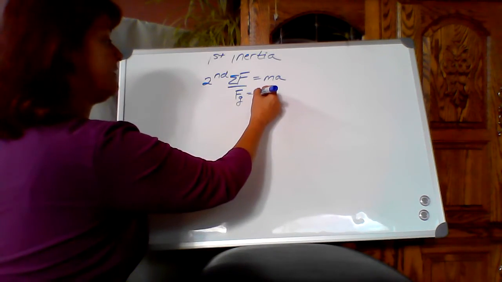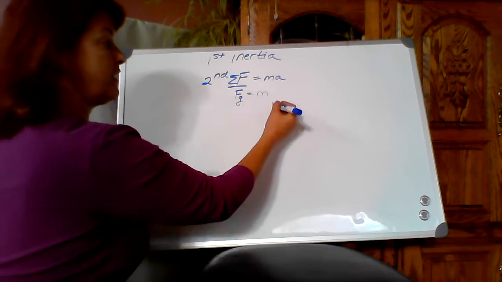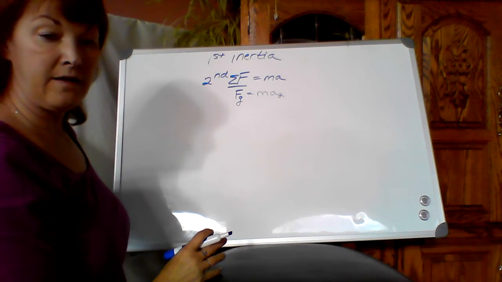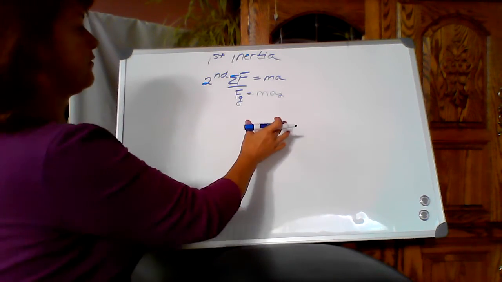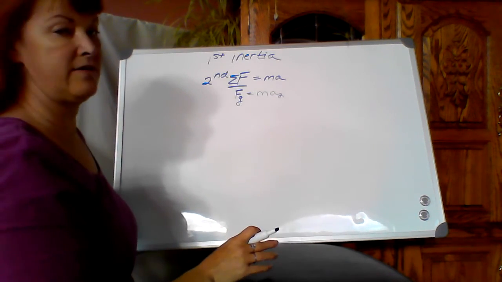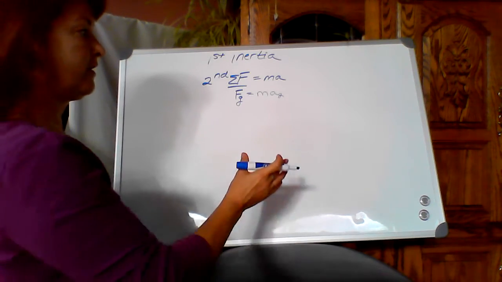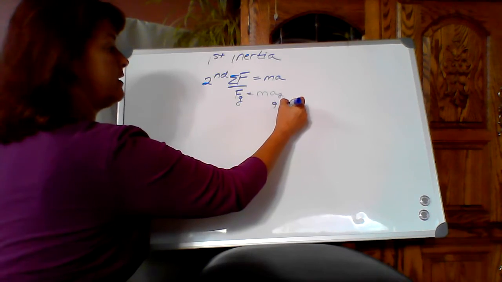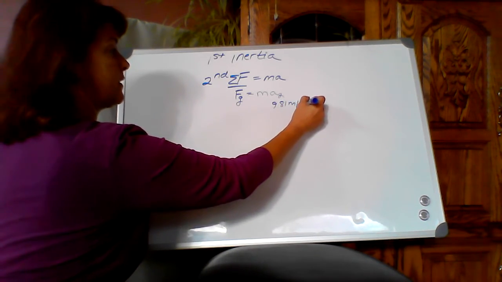So the force of gravity is going to equal the mass of the object times the acceleration of the planet it's on. Whatever planet it's on, the acceleration of gravity is going to determine that. So if we're on the Earth, it's going to be accelerating at 9.81 meters per second squared.